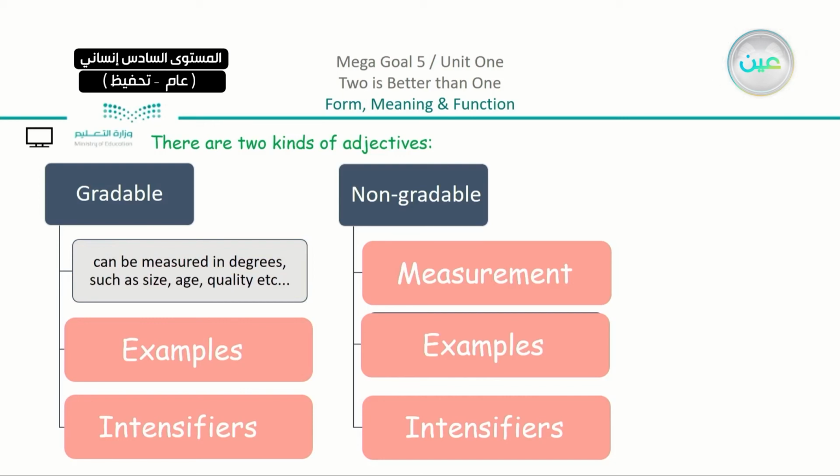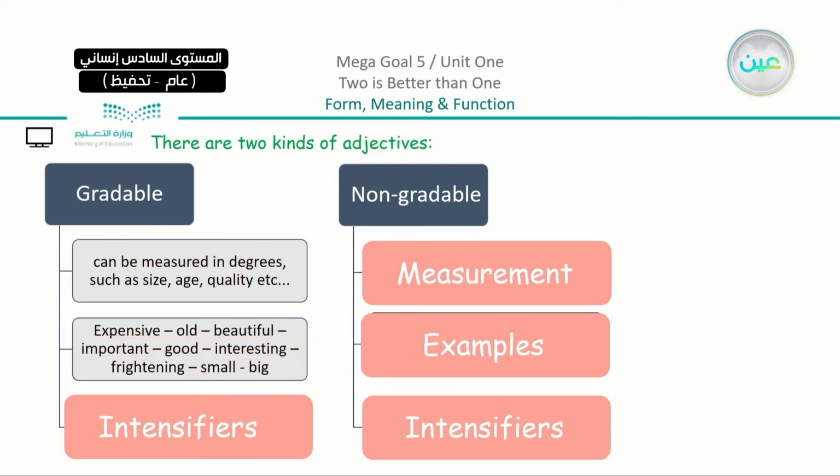For example, we have these adjectives: expensive, old, beautiful, important, good, interesting, frightening, small, and big. There are special intensifiers here that we can use: very, really, and extremely. So we can say something is very big, or really frightening, or extremely beautiful.